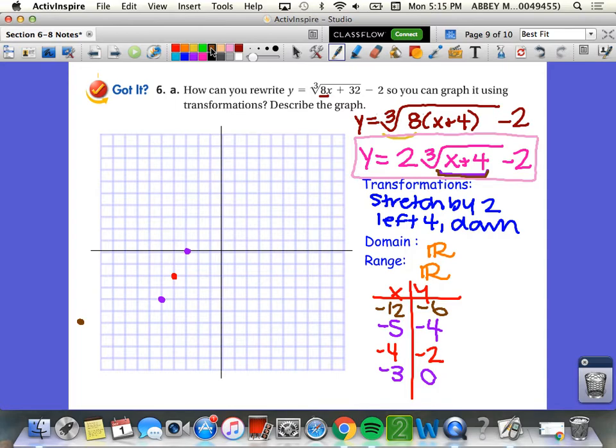All right. And what would make this be a positive 8 if I plugged in 4? 2 times 2 gives me 4, minus 2 gives me 2. I have all of my points, and I can graph.